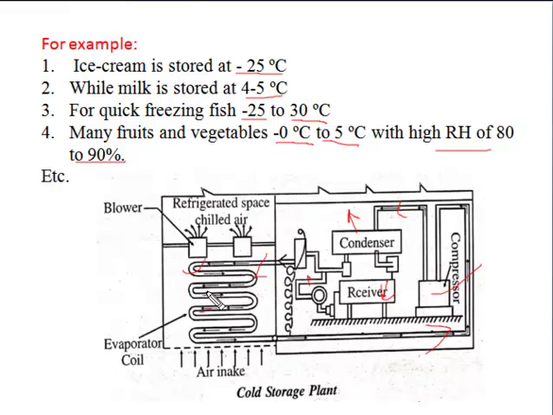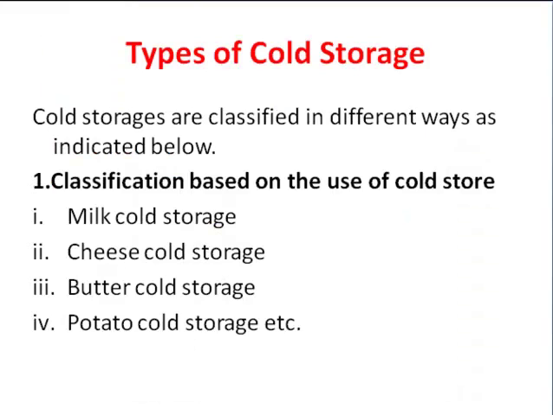In the evaporative cooling coil, heat is absorbed from the air and the air gets cooled. So chilled air is forced by the blower fan into the refrigerated space where we are storing the perishable food products to increase their shelf life. Here air passes through the food products.